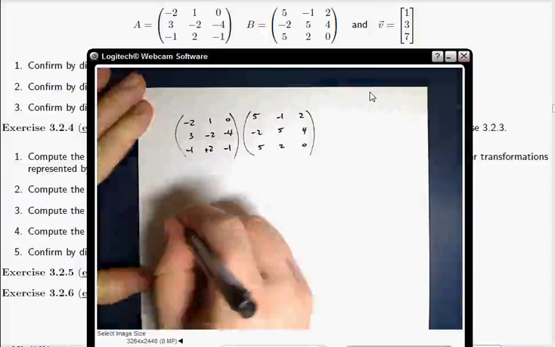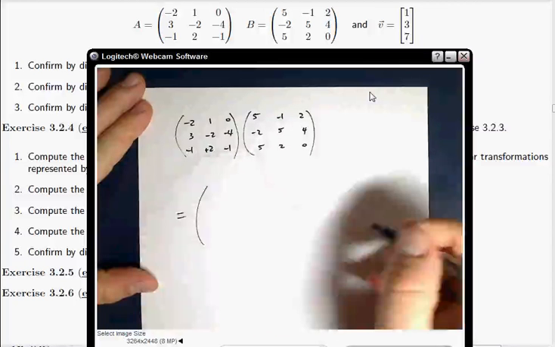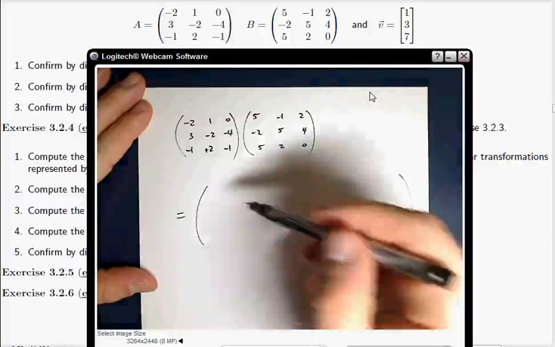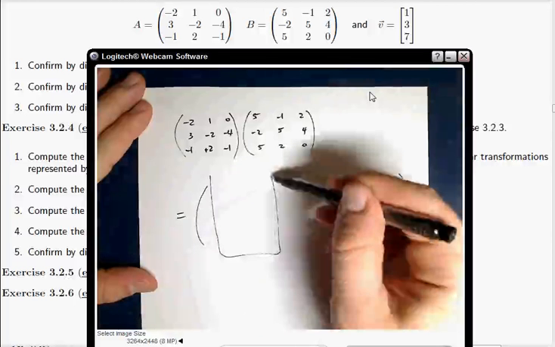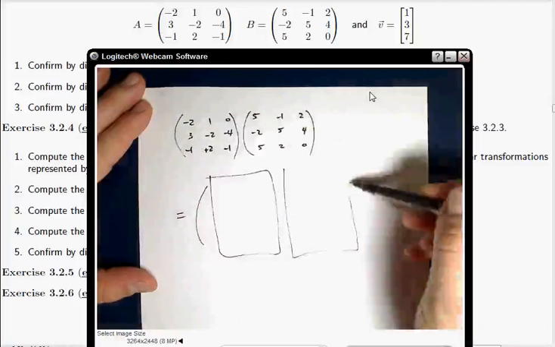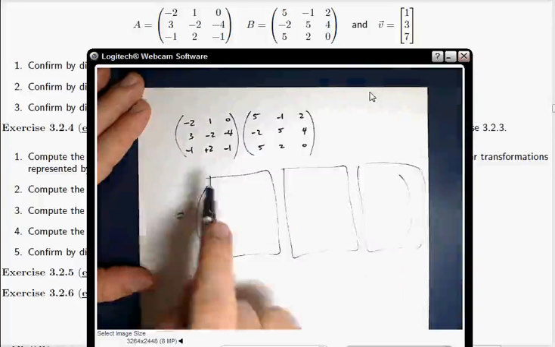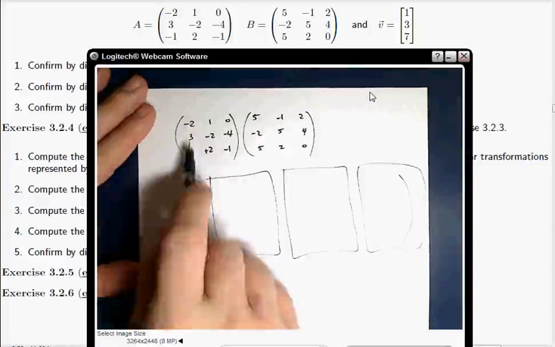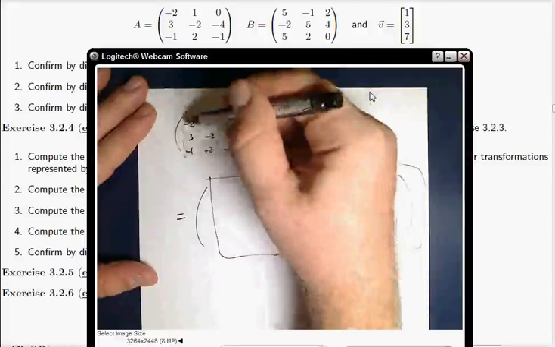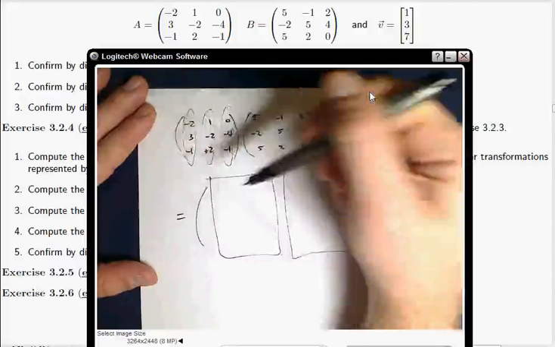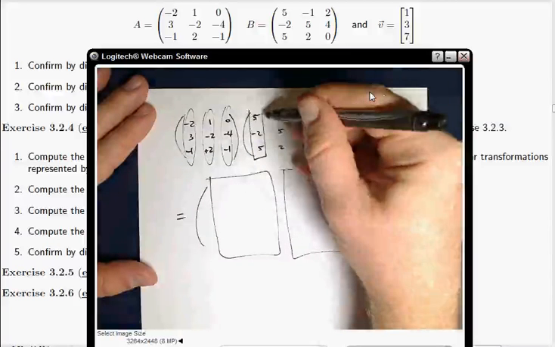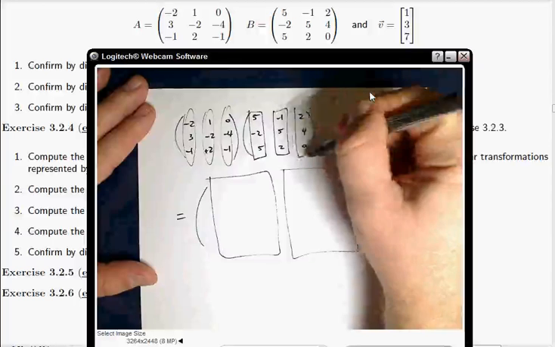So interpretation 1 is that the product is made up of 3 columns, of course. And each column is a linear combination of these 3 columns, where you use the corresponding column over here as your coefficients.